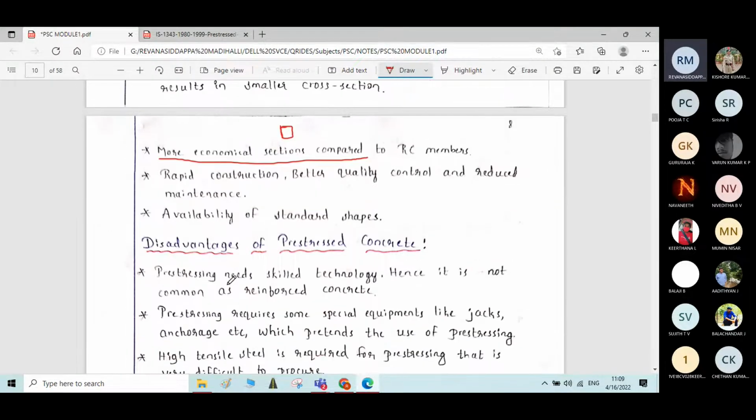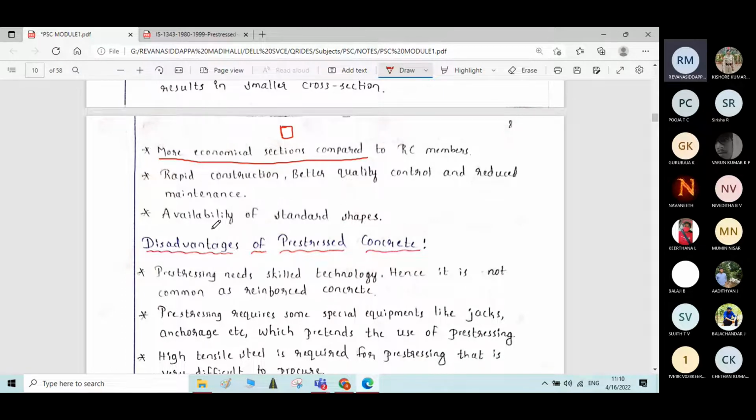Then coming to the speed of construction, it will have rapid construction, better quality control and reduced maintenance. Obviously, the precast element can be directly brought from the plant and installed at the site. No need of any formwork, no need of putting the reinforcement, no need of putting the concrete, no need of curing, nothing.